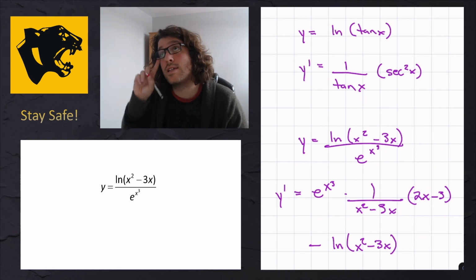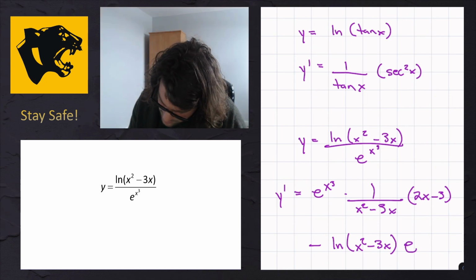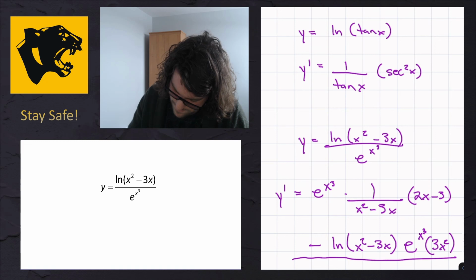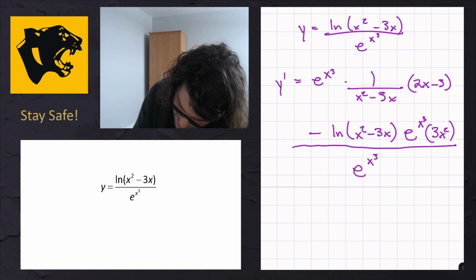and this is an exponential function. And so the derivative of e to the x is e to the x, so it's just e to the inside left alone times the derivative of the inside, which is 3x squared, all over the bottom squared. And so the bottom squared in this case is e to the x cubed all squared.